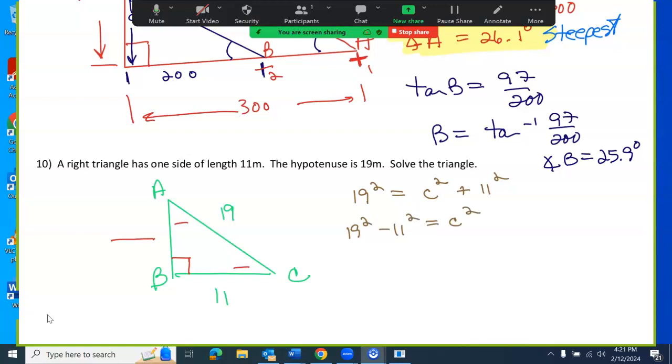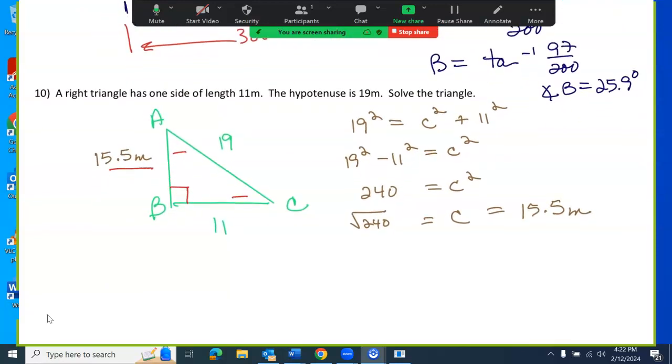And that's going to be 240 equals c squared. So c equals radical 240. So in my calculator, I say second square root of 240. And I'm getting 15.5 meters. Okay, so this is 15.5 meters, and that's less than 19, so that's reasonable.